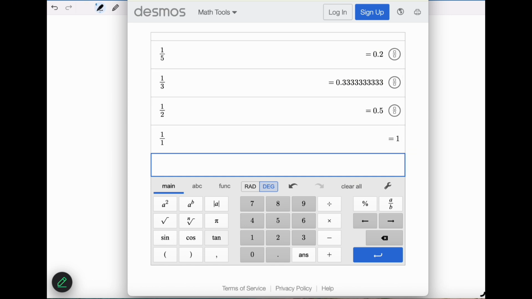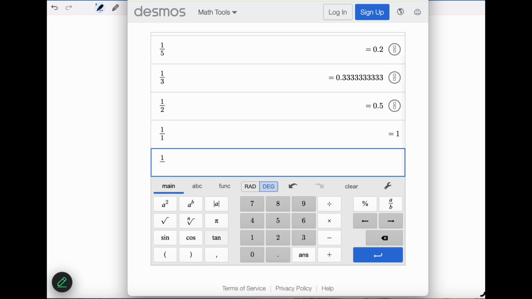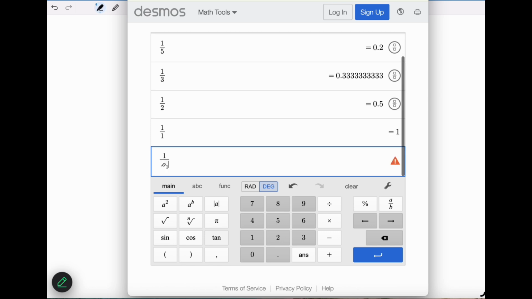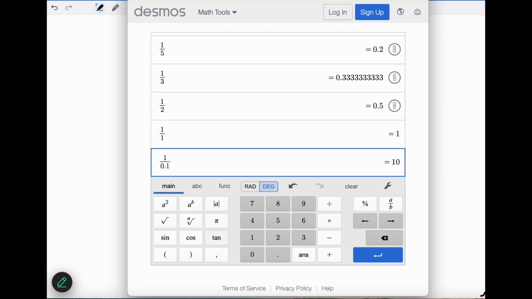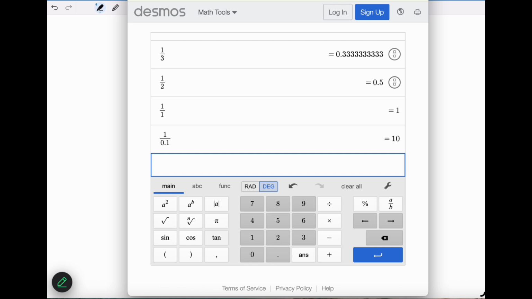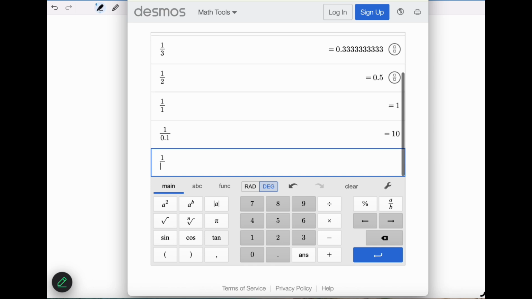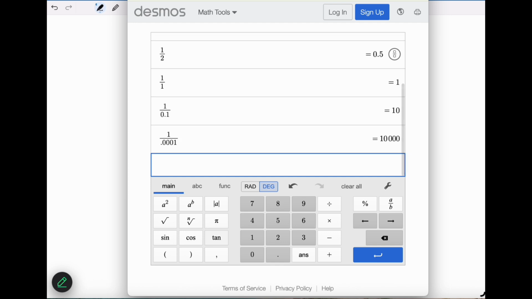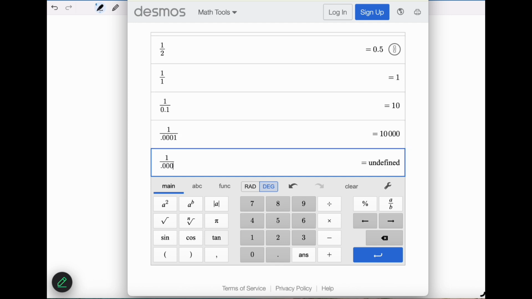Now, if I am decreasing the denominator to 0.1, sorry guys, the value increased 10 times. If I decrease the value a little bit more, the value is increasing multiple times. Still more, it is increasing to 1 multiplied by 10 power of 10.